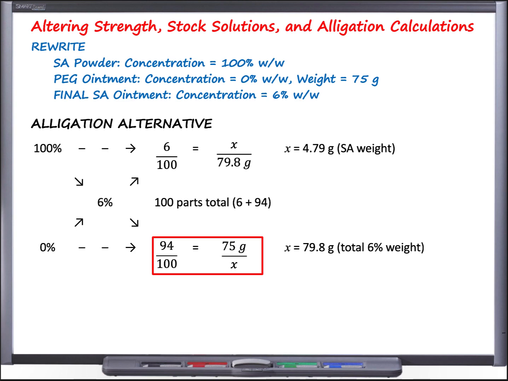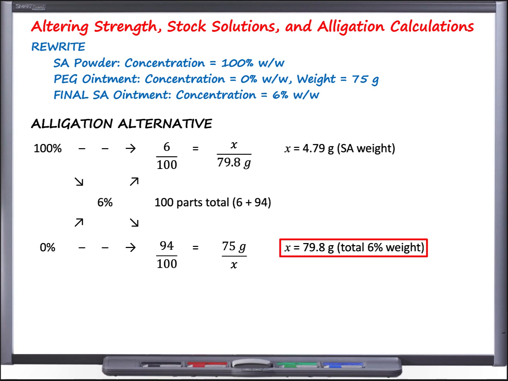So let's use the proportion of 94 parts of the PEG ointment over 100 parts total combined mixture and set that equal to our 75 grams of polyethylene glycol ointment that we're starting with over X. And remember, X represents the total combined weight. So if we solve for X here, 75 times 100 divided by 94, you would see that the total combined weight of our final ointment would be 79.8 grams.